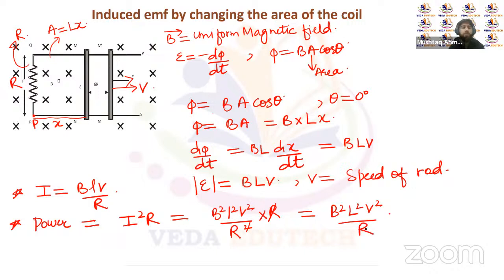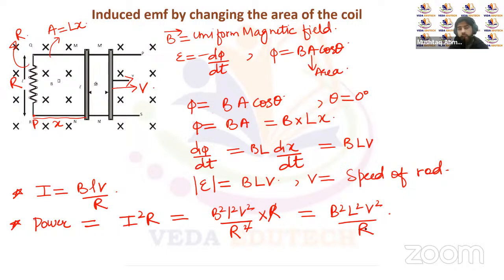And one more important point is that because of the induced current, that's BLV upon R, this induced current will also produce its own magnetic field, right? We know that when current flows through conductors, a magnetic field is produced by the conductor.